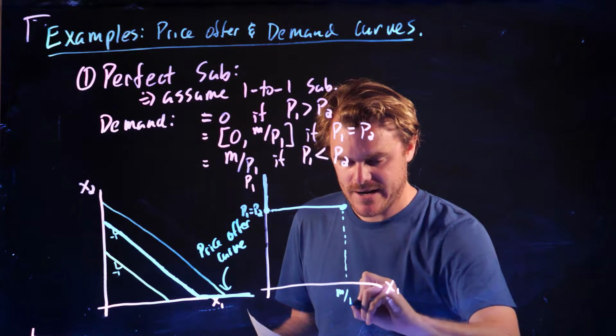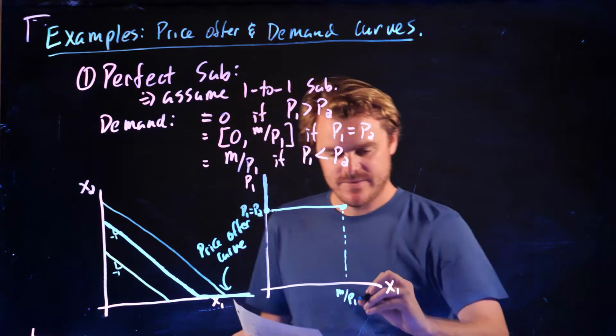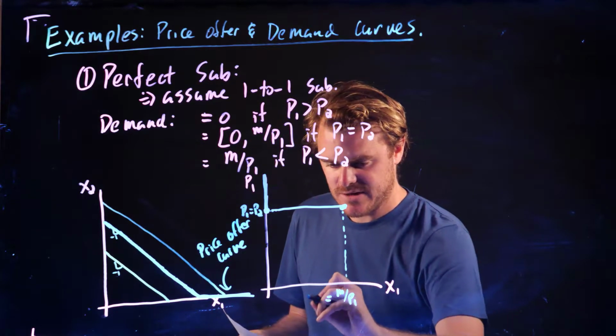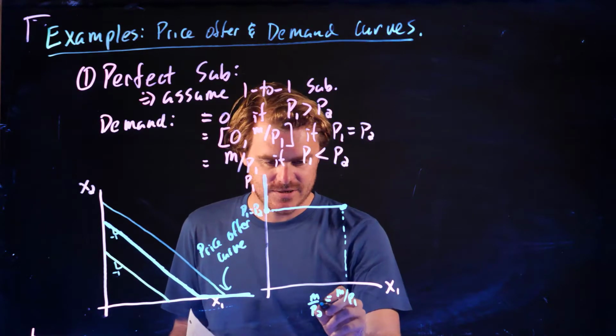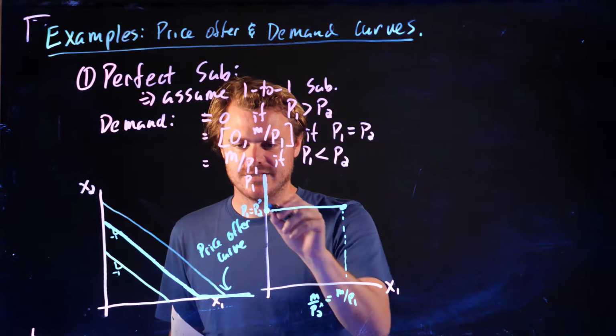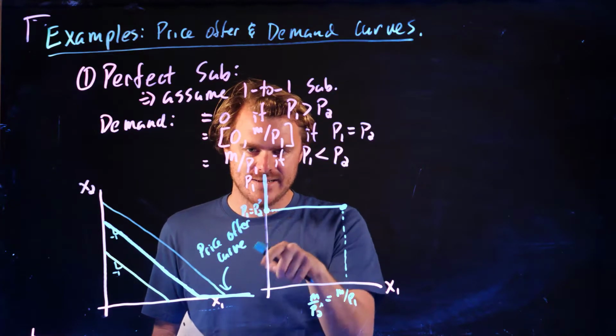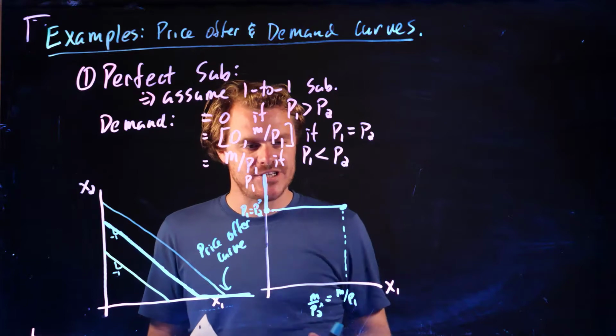So this would be that point m over P1. We're holding P2 constant as we're looking at this analysis, so I'm just saying that P2 is a particular amount, and we're just changing the price.